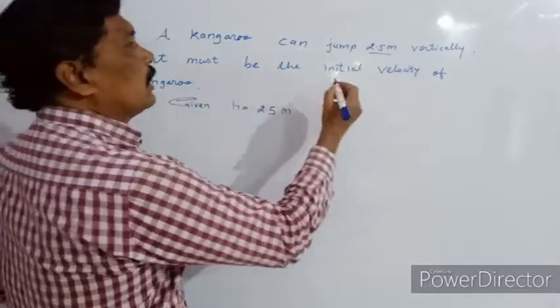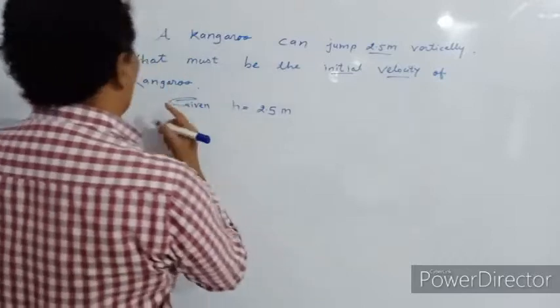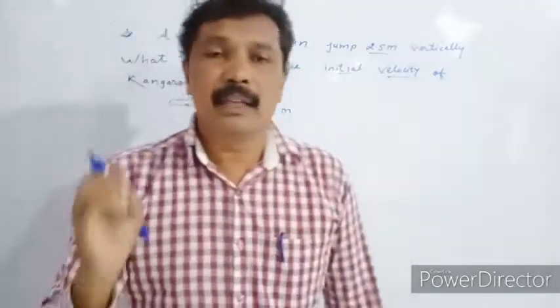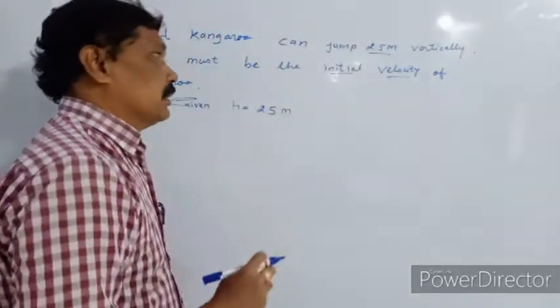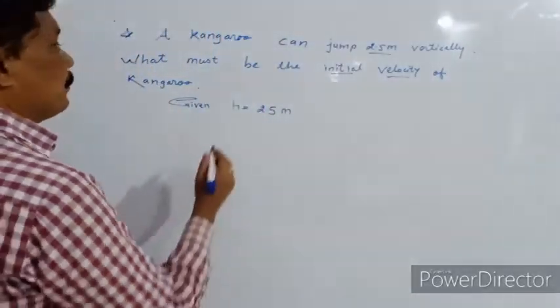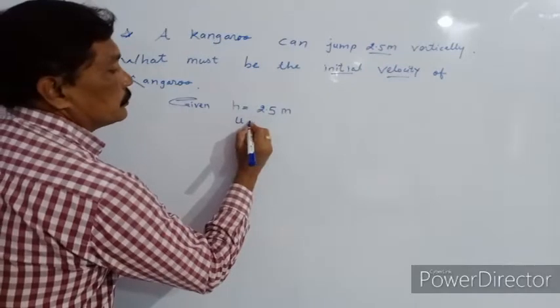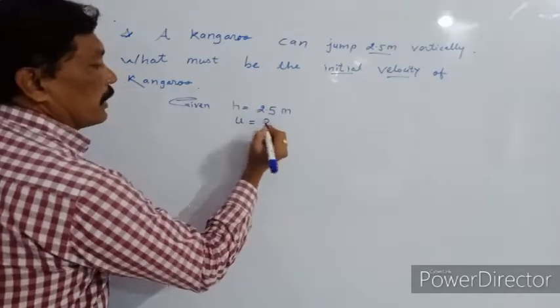What must be the initial velocity of kangaroo? We have to find out initial velocity of kangaroo. Initial velocity is denoted by u, which we have to find.